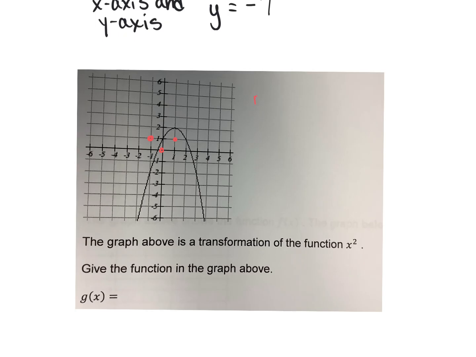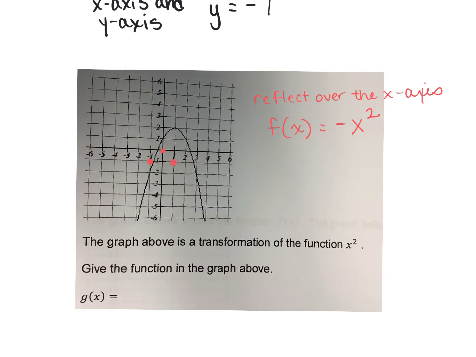So it opens down, so it's going to reflect over the x-axis. So at that point, I know that I have f of x is equal to negative x squared, okay? So I'm going to erase those points because now they go this way.